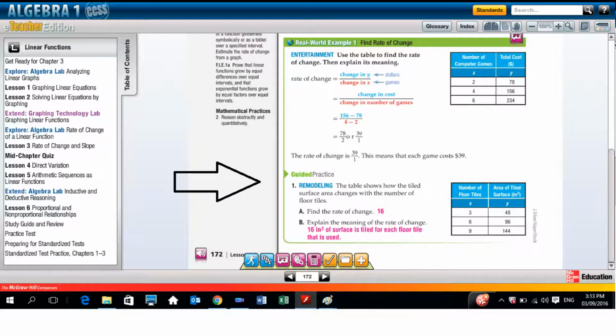Okay, so that was our first part. It talked totally about rate of change and how to calculate it using a table. Again, as I told you, just care for the difference in y and the difference in x.